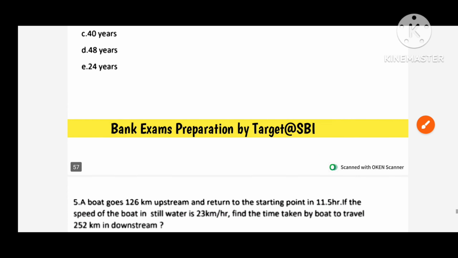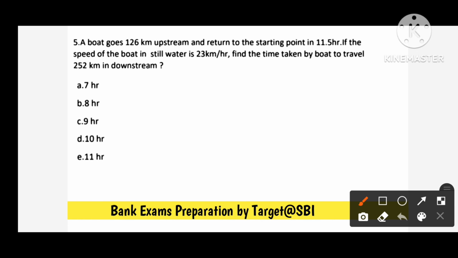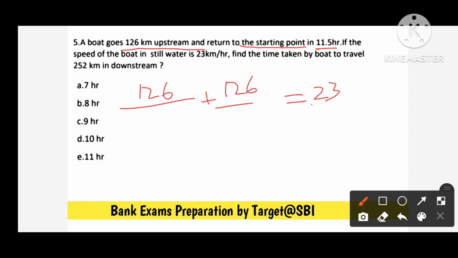Next, question number 5. A boat goes 126 kilometers upstream and returns to the starting point in 11.5 hours. So 126 kilometers at m minus s and 126 kilometers at m plus s. It takes 11.5 hours, which is 23/2. If the speed of the boat in still water is 23, so m value is given as 23, s value we don't know.